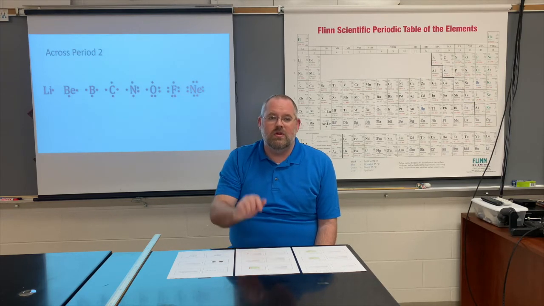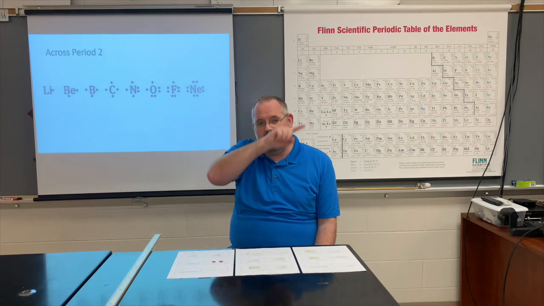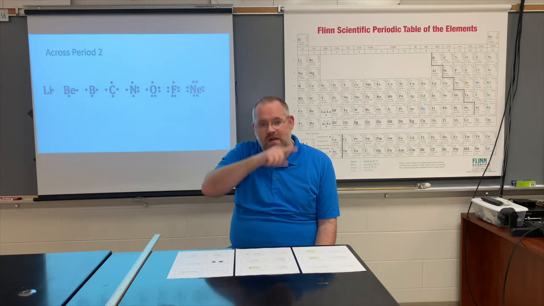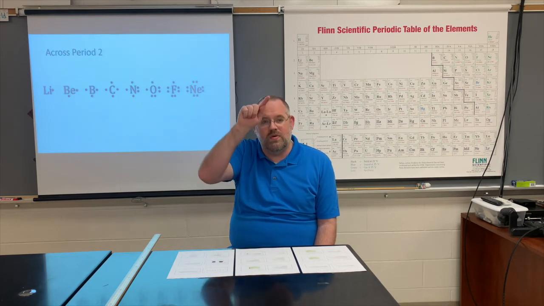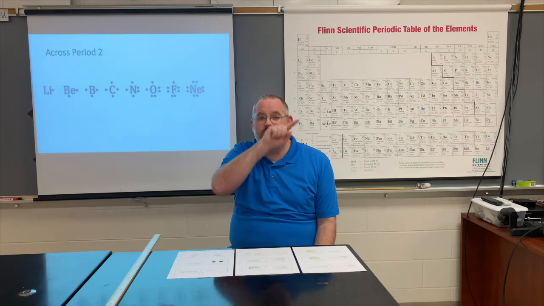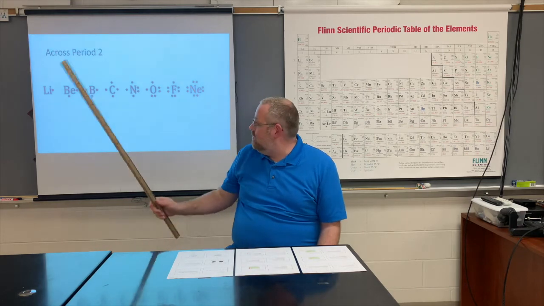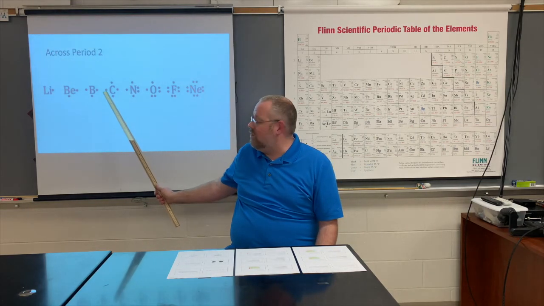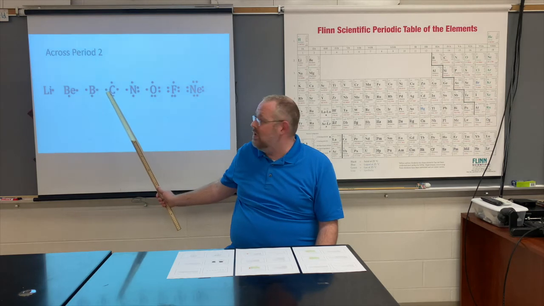Now when you draw them, it matters the sequence that you draw them. Okay, you always draw in the 4 quadrants, the north, east, south, and west, and you always draw one at a time before you start pairing up. So if you look at carbon, it has 1, 2, 3, 4 single electrons.